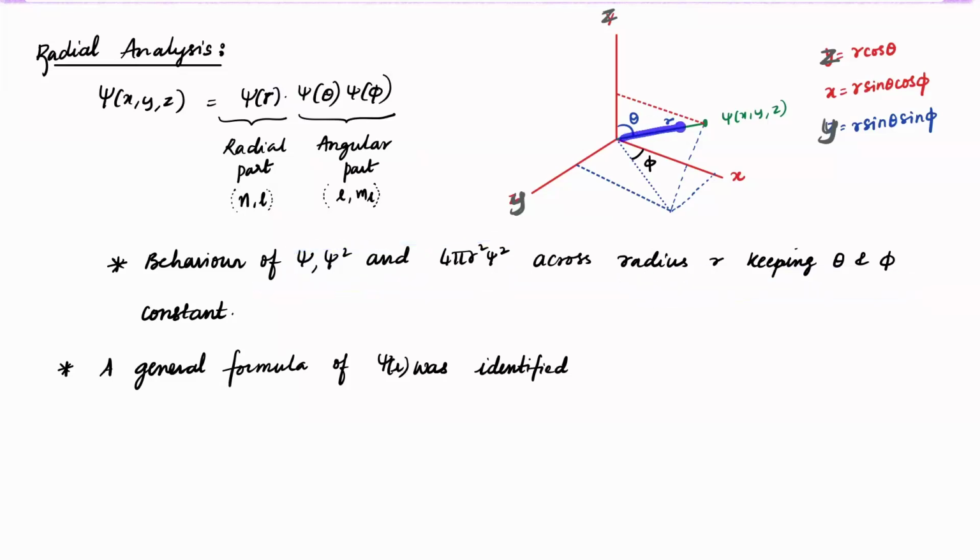That means the radial part, as it varies. You're not changing angles, mind you. Without changing the angle, if you go away from the nucleus, how do these three factors change? So, keeping theta and phi constant.